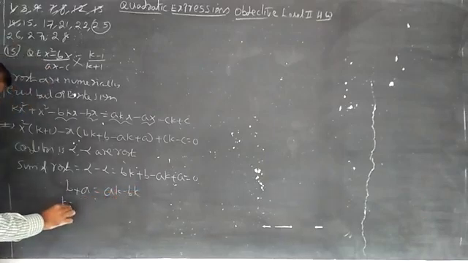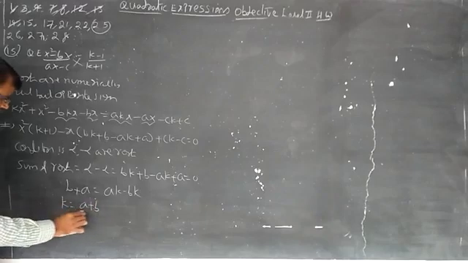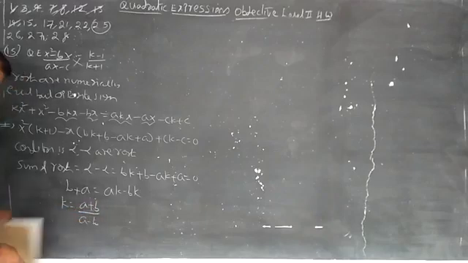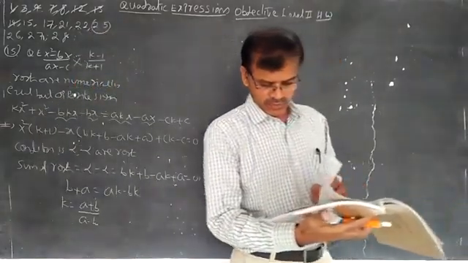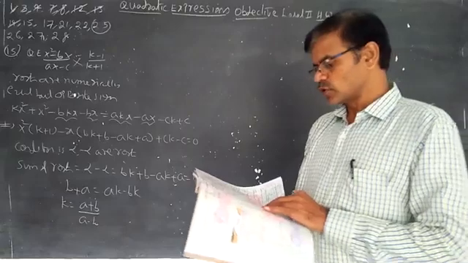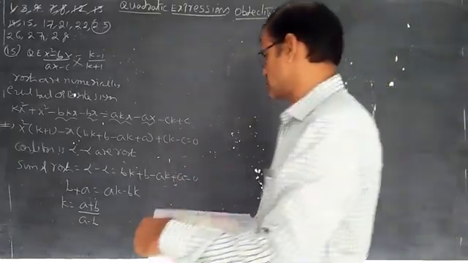So k taken common, k we can write as (a + b)/(a − b). K is equal to (a + b)/(a − b). 15th question, fourth option given, we got a minus b.